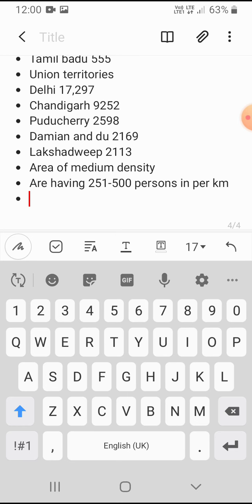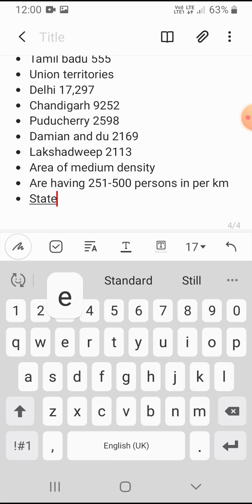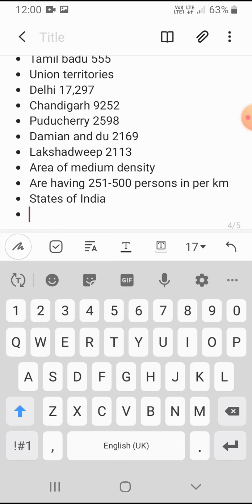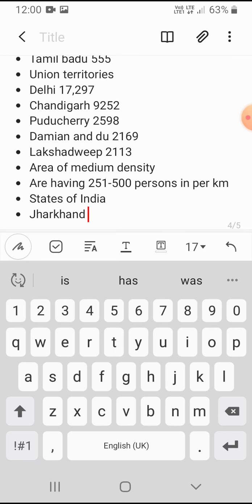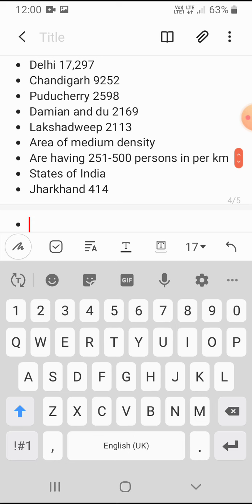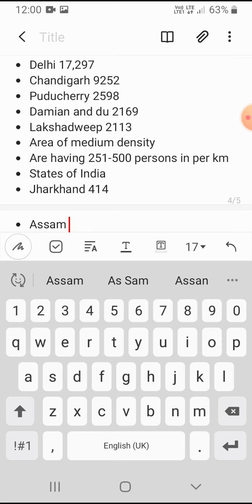The states of India that have medium density: first is Jharkhand with 414 persons per square kilometer. After that Assam, with 397 people per square kilometer.